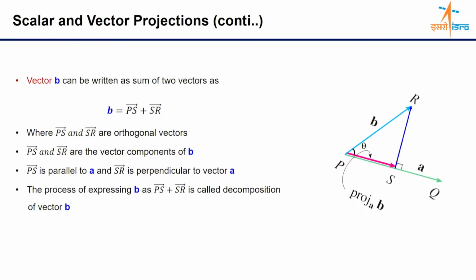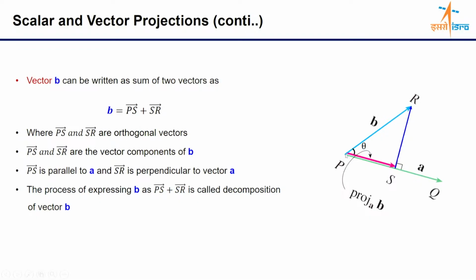So now, again, there are a number of ways to write the vector algebra. Like if you want to write the vector B like this one, you can write it as PS plus SR. See here that the tail and the head are important, because the tail of the B vector is here and the head of the B vector is here.